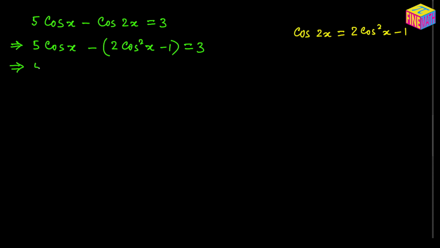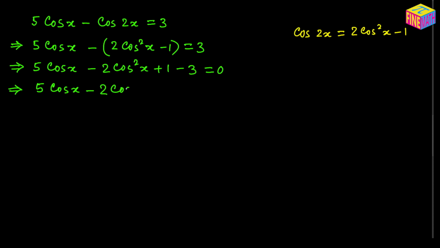And from here what do we get? We get 5 times cosine of x minus 2 times cosine square of x plus 1 minus 3 is equal to 0. I am bringing the 3 to the left hand side, and from here we have 5 times cosine of x minus 2 times cosine square of x minus 2 equals 0. If we multiply both sides by a negative 1, we are going to get positive 2 times cosine square of x.